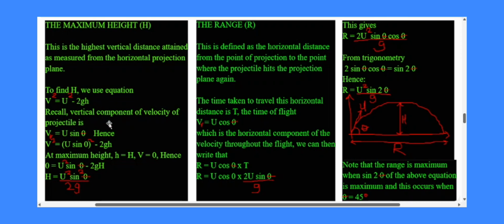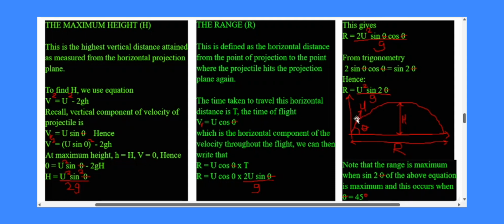Recall, the vertical component of velocity of a projectile is this velocity, because it's thrown at an acute angle to the horizontal, it will have an effect along the horizontal, and it will also have an effect along the vertical.